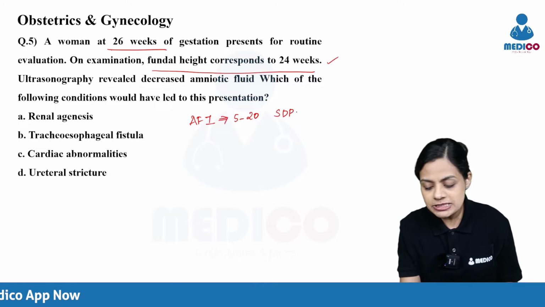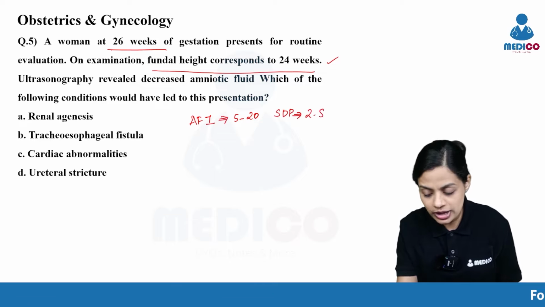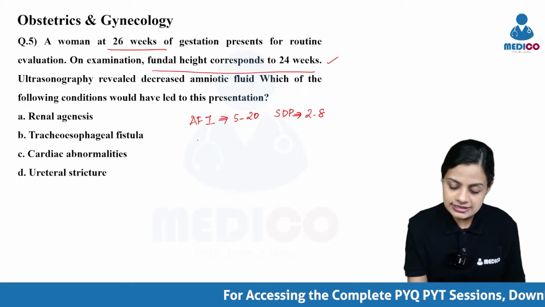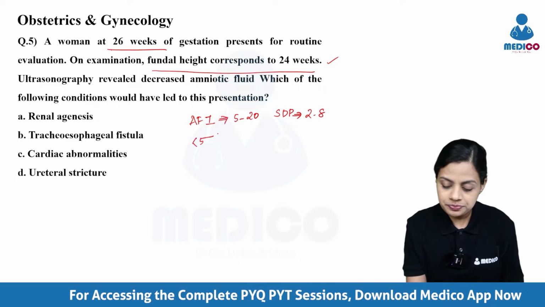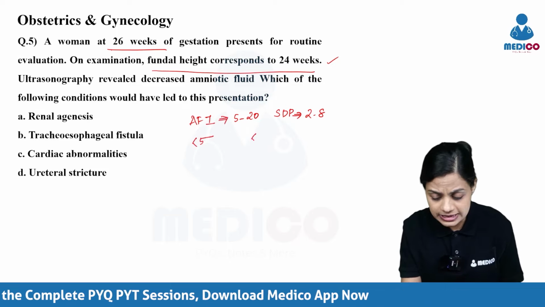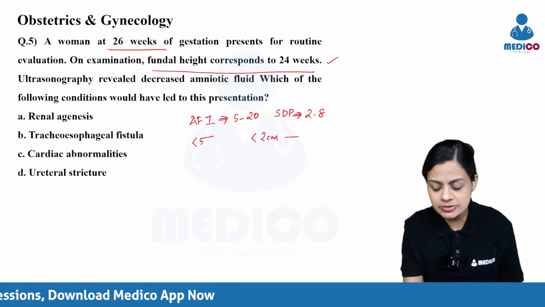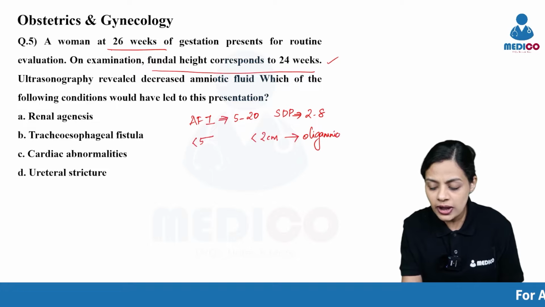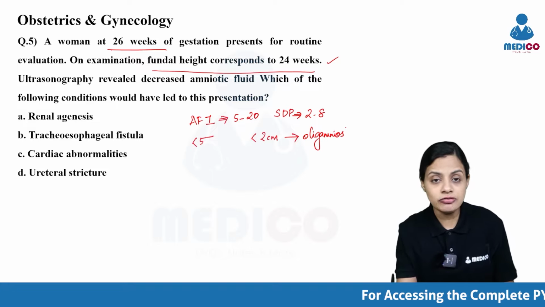The single deepest pocket can be between 2 to 8 centimeters. If the AFI is less than 5, or the single deepest pocket is less than 2 centimeters, the woman is said to have oligohydramnios, decreased amniotic fluid.